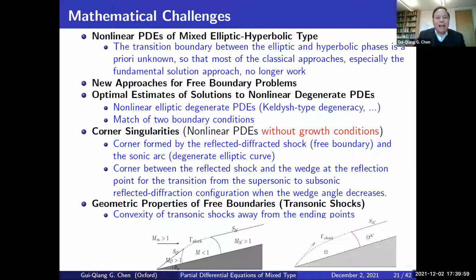Like I explained earlier, this involves several mathematical challenges. This involves nonlinear PDE of mixed elliptic-hyperbolic type. Also, we require a new approach for free boundary problems. Another thing, we require optimal estimates for nonlinear degenerate PDEs, especially along the two sonic curves. Then the corner singularity near where the free boundary meets this degenerate curve. Another thing, beyond the sonic angle is the shock with the wedge angle.